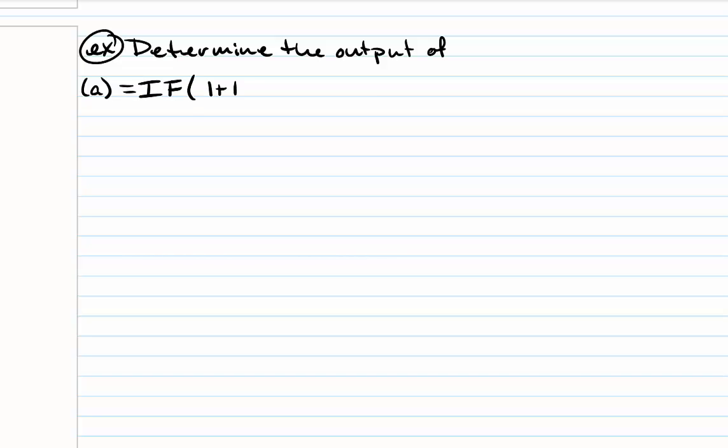So first, let's just practice. Let's determine the output of the following IF functions in Excel. That way I can make sure that you understand the basic functionality of this function before we start using it in applications. So what's in parentheses is what this function will output if it evaluates true.